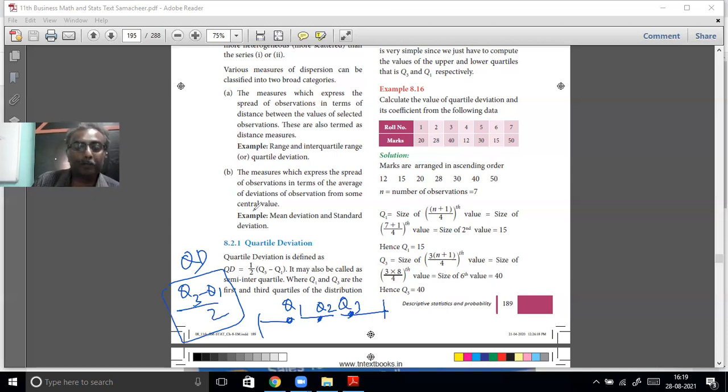When you are given a set of data and you find the quartile deviation, it applies only to that set of data. Now, why do we want to do this? We want to compare one set of data with another set of data.